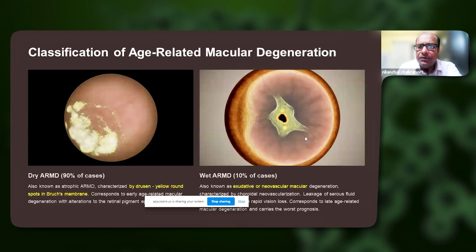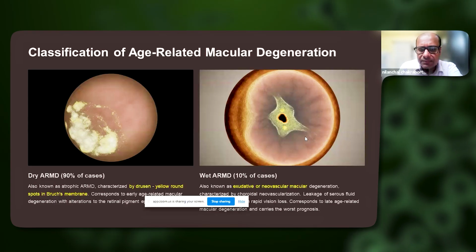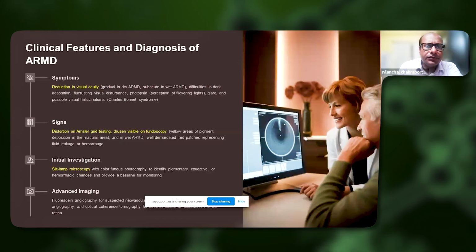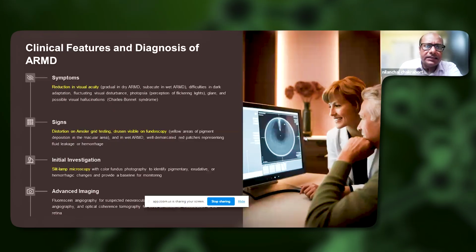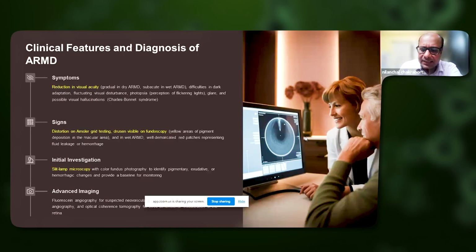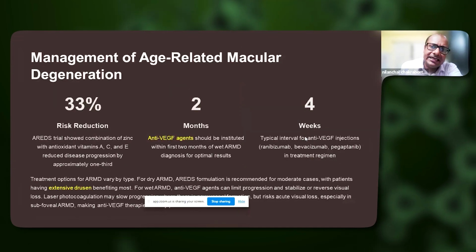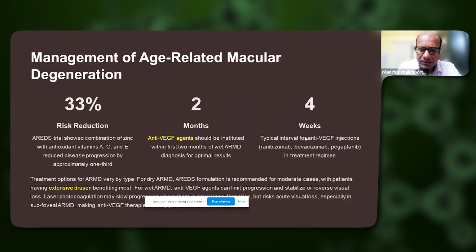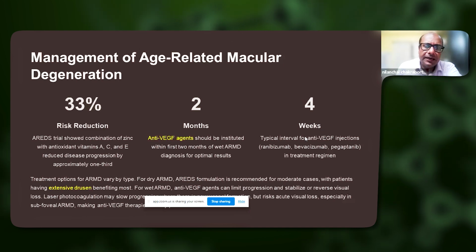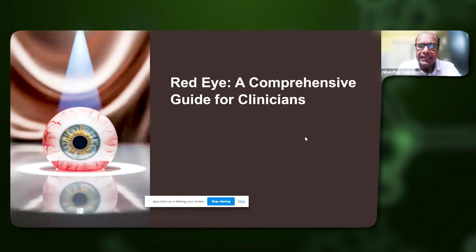In wet, there will be exudative or neovascular macular degeneration if the macula is involved. Unfortunately, except for risk reduction and anti-VEGF treatment, there is not much treatment left. Ultimately, the patient will lose his or her vision gradually over the age.